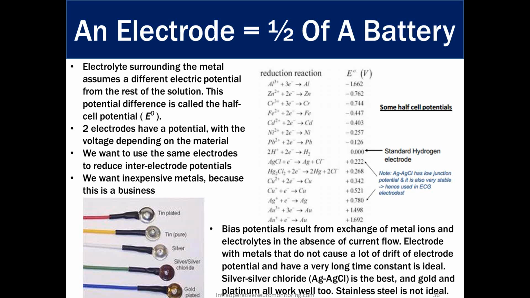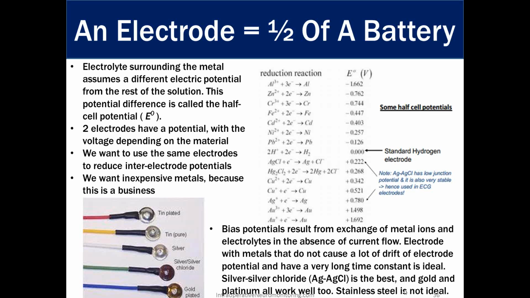Electrodes with metal that do not cause a lot of drift of electrode potential and have a very long time constant are ideal. Silver chloride is best, and gold and platinum work well too. So out of those three, silver chloride is probably the one that you'll want to select on a test. That's the one that's most commonly used for the description right here.